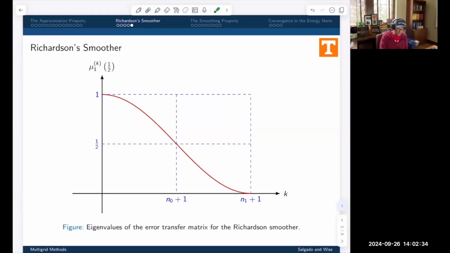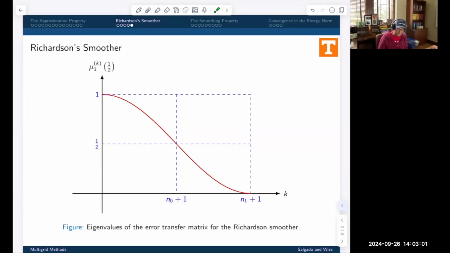If you look at those eigenvalues for the damped Jacobi smoother, aka the Richardson smoother, whenever omega is equal to a half, then the curve looks something like this. And keep in mind, I'm plotting this as if k was a continuous variable. It's not a continuous variable, and so the eigenvalues are these discrete points along here somewhere. The smallest eigenvalue is somewhere up in here, so it's very close to 0.